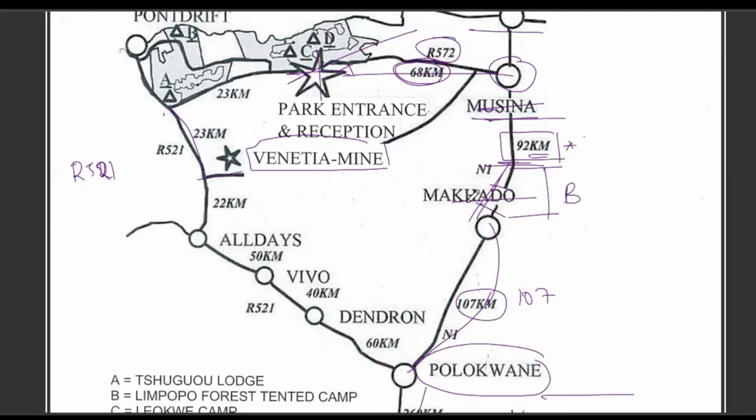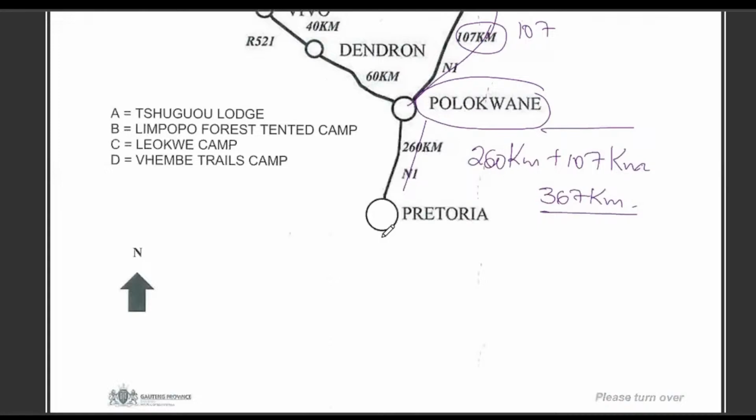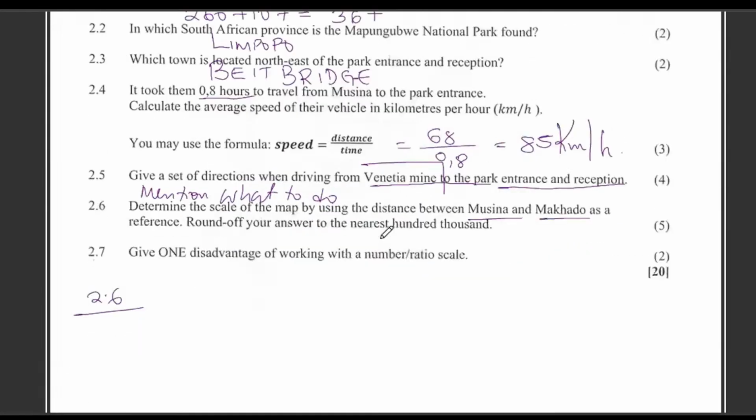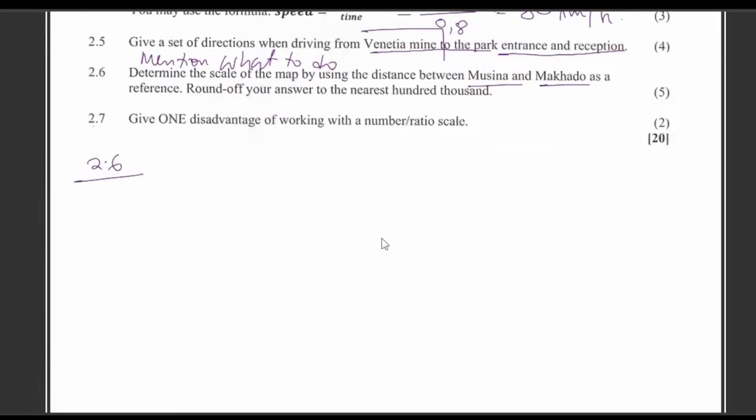That will be the distance on the paper, the one that you've measured. When I measured, I got the first section as 25 millimeters and 19 millimeters. So I ended up with 44 millimeters, simply meaning they're equivalent to 92 kilometers.